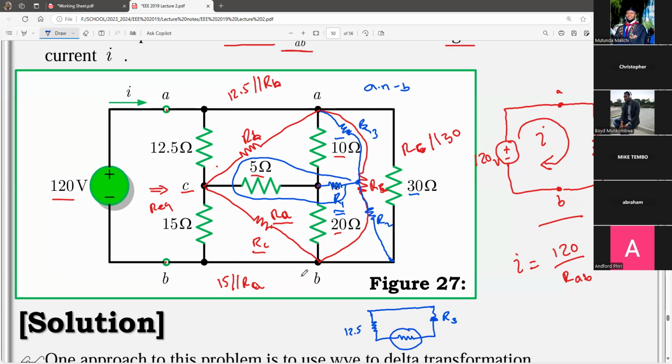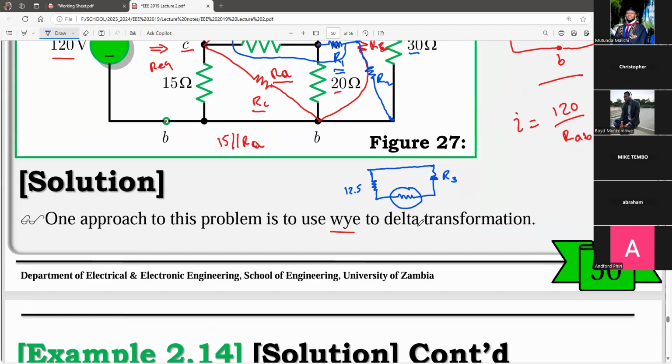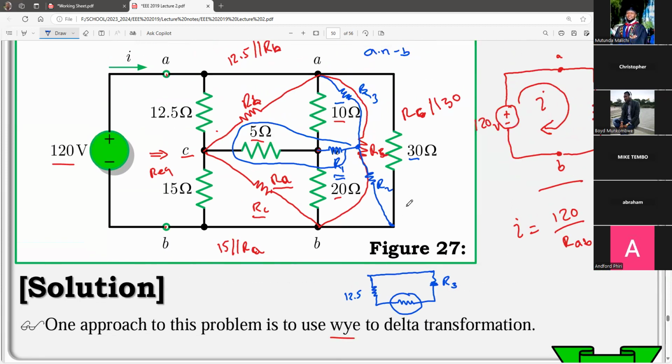Okay. So like this one, if you chose this outer one, the delta on the right to Y, it will force you to come and transform again from one way to the other, whether from star or delta to star again. So you have to make the choice that when you do that transformation, it starts giving you those series-parallel combinations. Unless the circuit is a bit complex and you still have to do other points in star to delta transformation again.